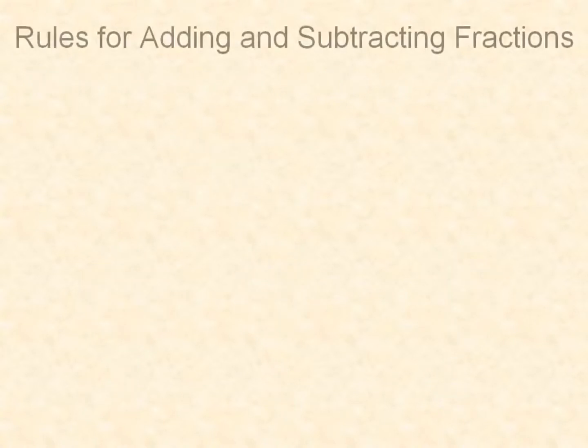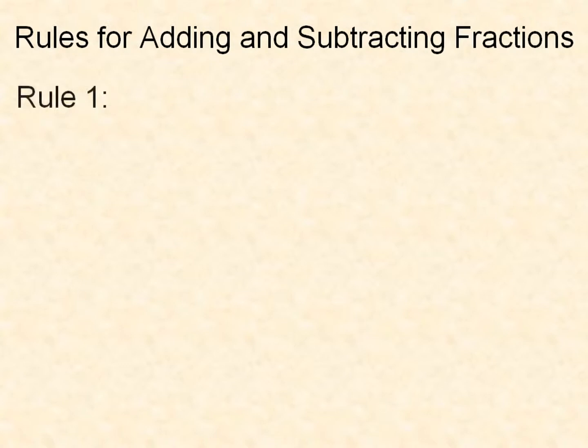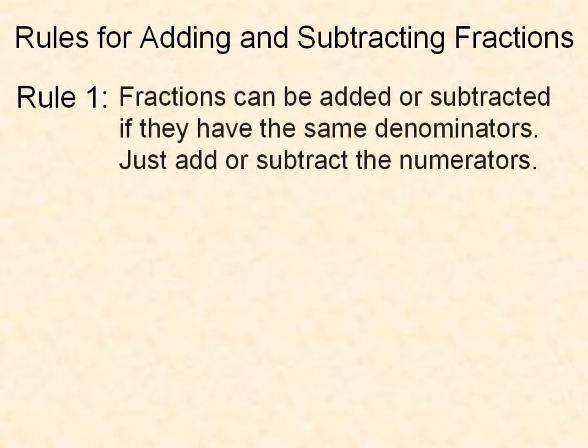These examples illustrate 3 rules for adding and subtracting fractions. The first rule is that fractions can be added or subtracted if they have the same denominators. You just add or subtract the numerators. For example, 5/11 plus 2/11 is 7/11.